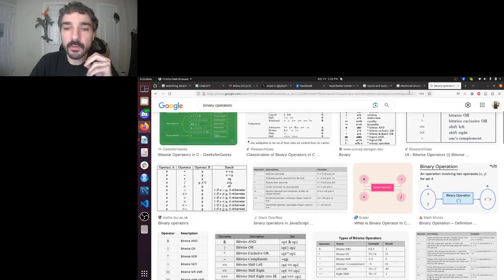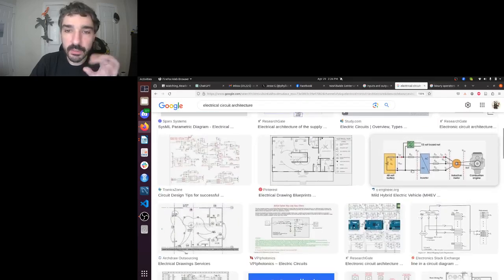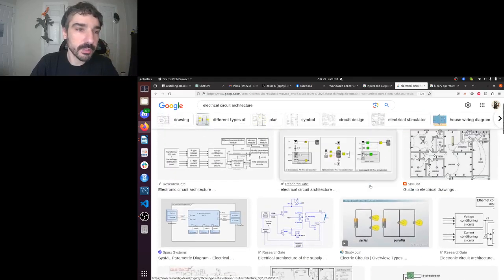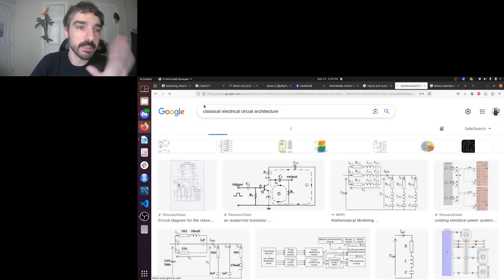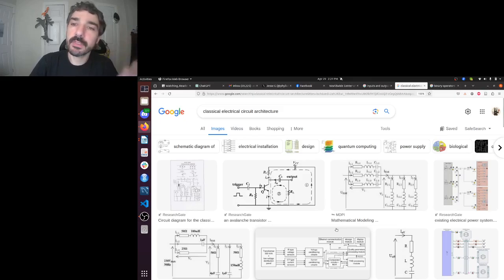And these encodings here, we get these circuit architectures, right? And there's a number of examples here. Let's classical, because it's showing us some architectures that aren't quite classical, right? Now there's different types of components for circuits. We're not going to get into those.